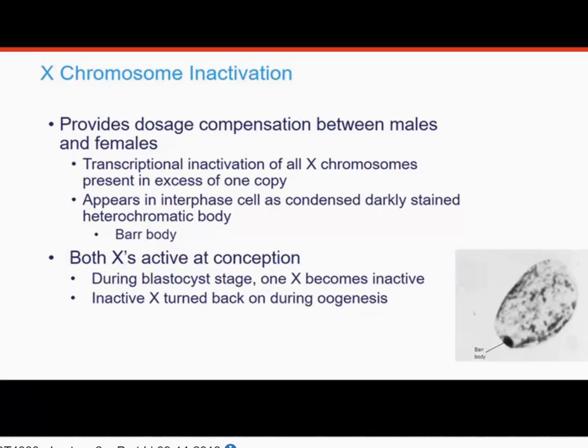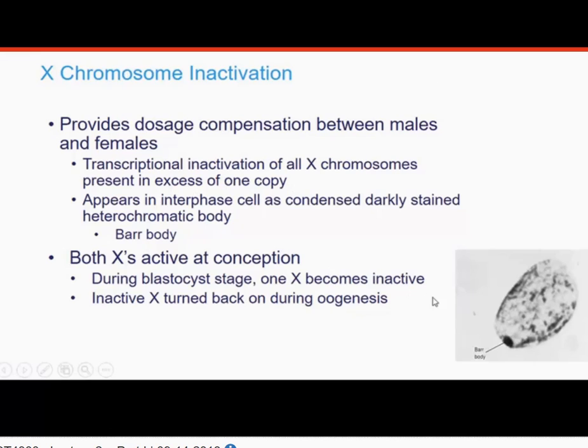And a lot of those genes, a female doesn't need but one copy. So the compensation is done by inactivating one X chromosome. Any individual that has two or more X's will have one or more of their X's inactivated.